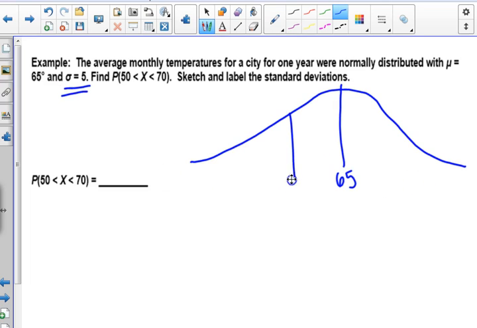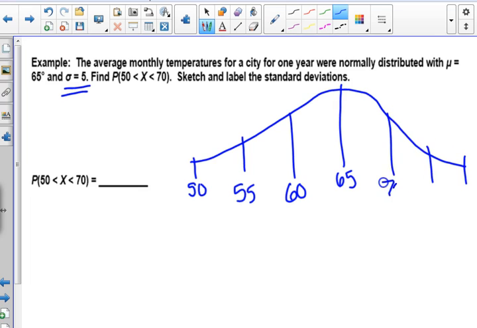It says go out, and this is 5, go out the same distance again. Oops, I'm sorry, go down 5. So this would be 60, sorry. Go down 5 more, you'd have 55. Go down 1 more and you'd be at 50. If I go 3 standard deviations this way, I'd have 70, 75, 80. Did I do that right? Okay. So we want to know what falls between 50 and 70.